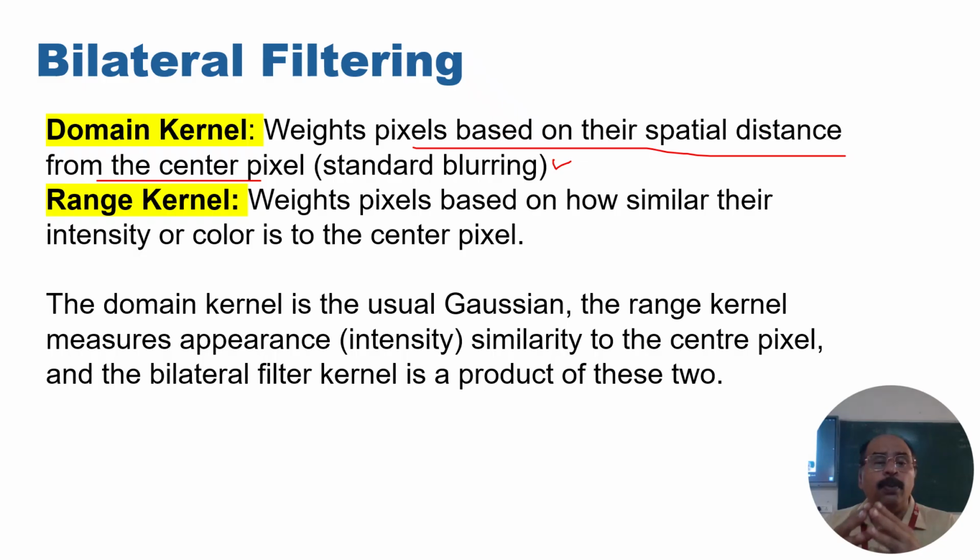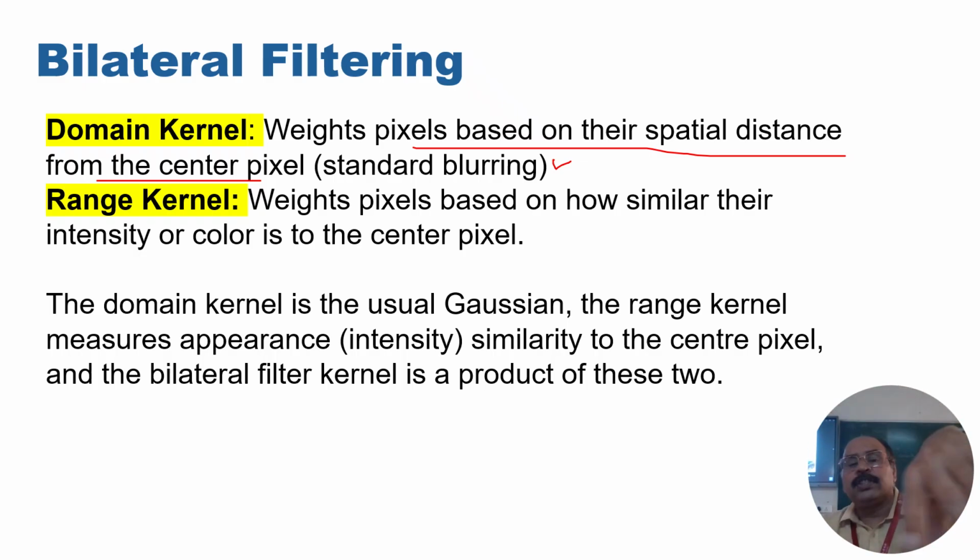Two types, domain kernel and range kernel. In domain kernel, pixels are weighted based on their physical or spatial distance from the center pixel. In range kernel, pixels are weighted based on how similar their intensity or color is to the central pixel. So you take every pixel, called the center pixel, and compare it with all the neighborhood. This is what is called neighborhood operations.